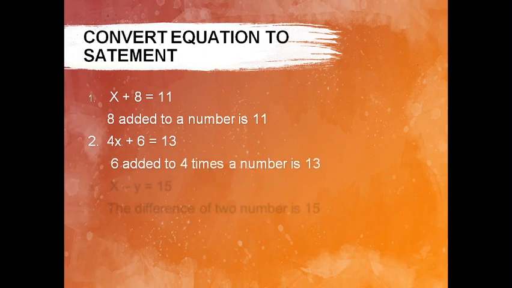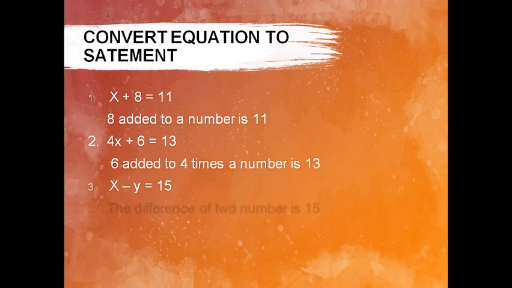Then the next equation given is x minus y equals 15. Here x is one number and y is another number. So we can say the difference between two numbers is 15.